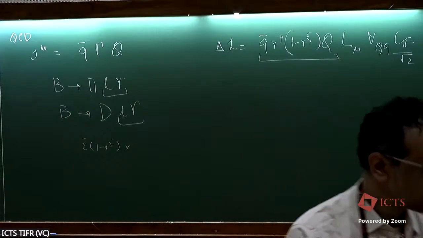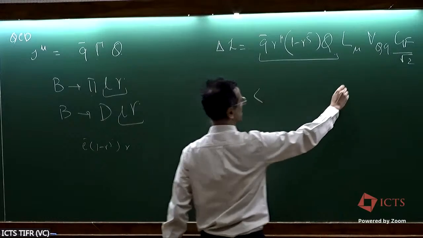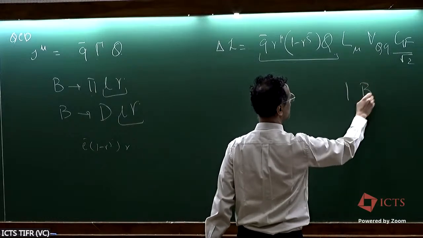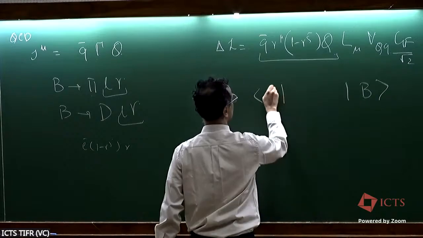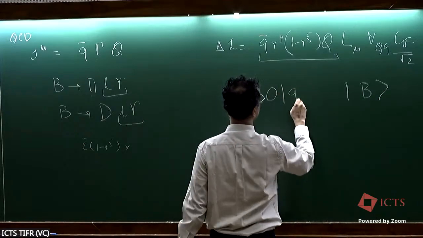So let's say that in some state, for example, a B state, I have the value of this current.